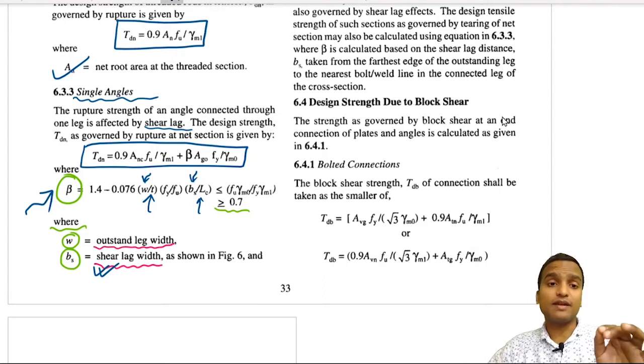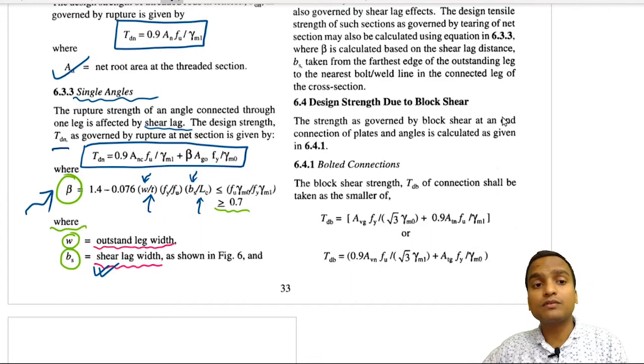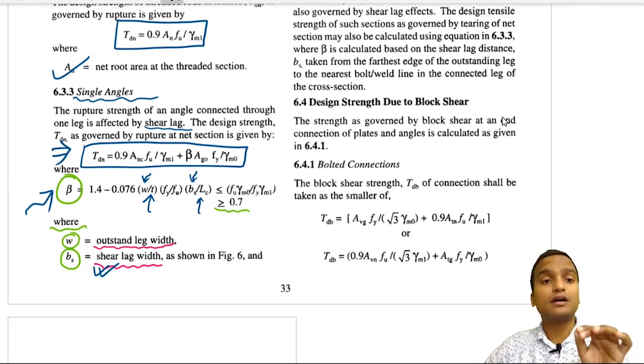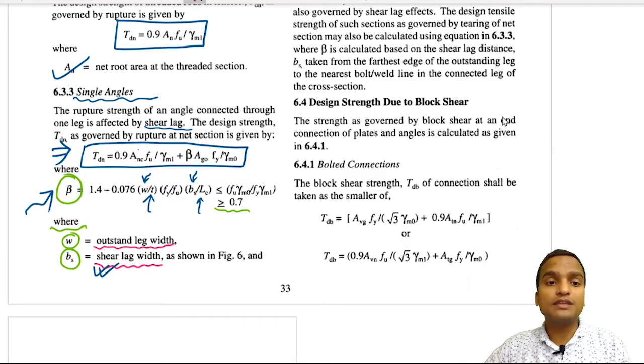Now after getting the value of beta, we can use it in the equation of TDN and calculate the rupture at the net section. TDN is equal to 0.9 into ANC into Fu, where ANC is the net area of the connected leg which we have just now discussed, and Fu is the ultimate stress.